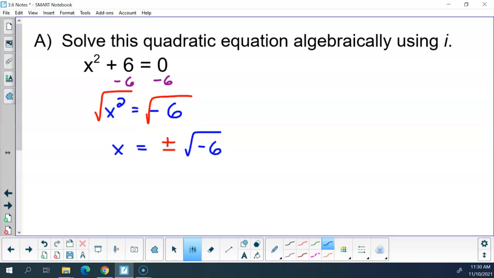Okay, are there any perfect square factors that go into 6? 2 is not perfect. 1, but that's it, right? So it's just going to be i times the square root of 6, right? Okay, so then that would be our answer. That would be the simplified version. x here is going to equal plus or minus i times the square root of 6.